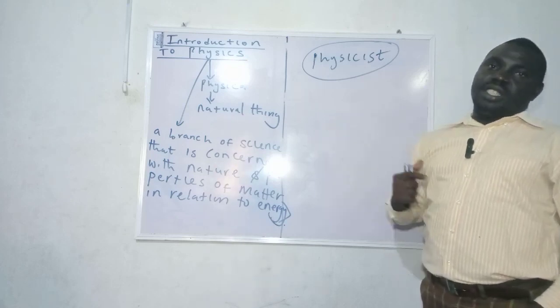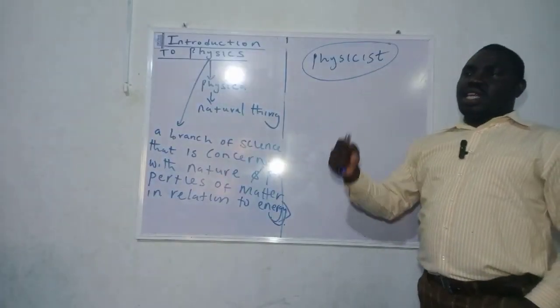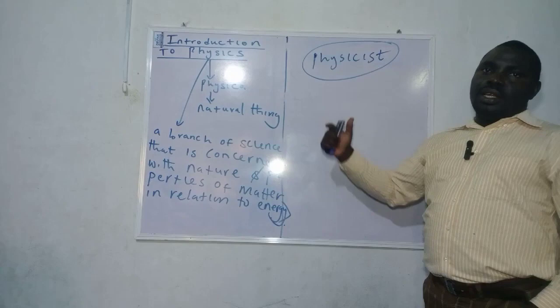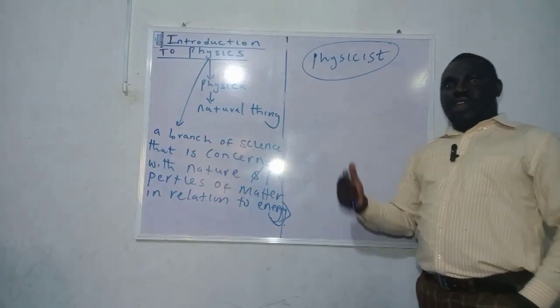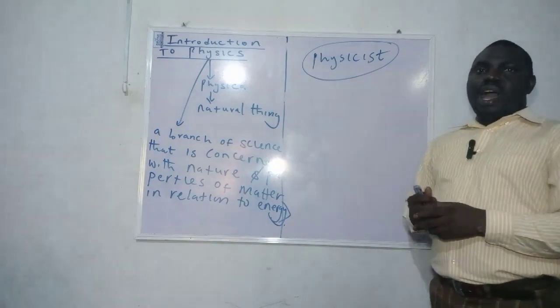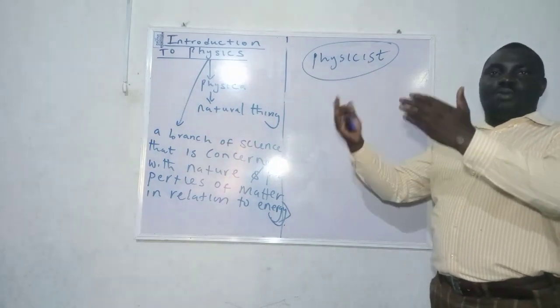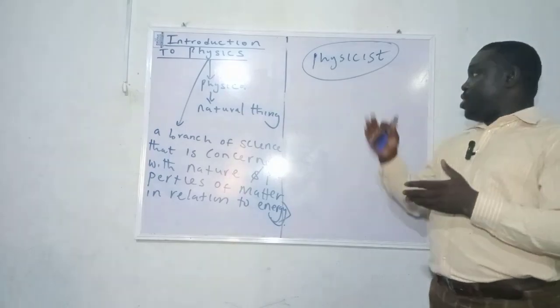You are likely to work in telecommunication. Yes, you can work there. You can even work in nuclear power, because there's what we call nuclear physics. So you can work in nuclear power. That's not all. And of course, you know that in the communication industry, you are also needed there as a physicist.